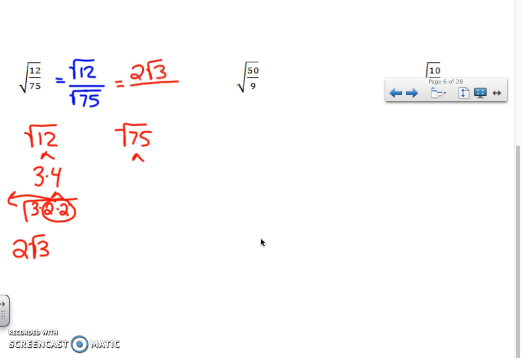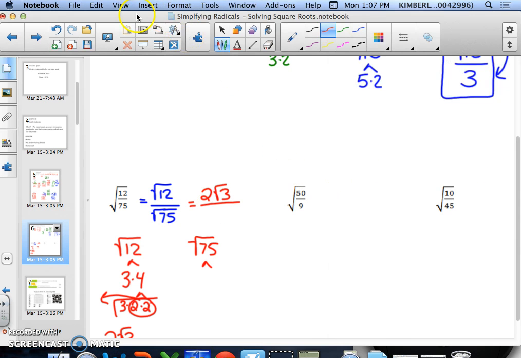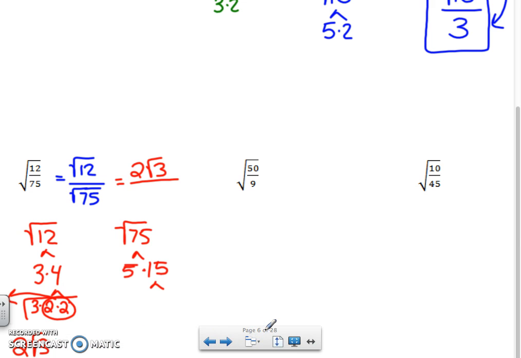Okay. Now to break down this 75, that will be 5 times something I cannot think of right now. 75 divided by 5, 15. So that will break down to 5 times 15. And then 15 would be 5 times 3, and bring down that 5.